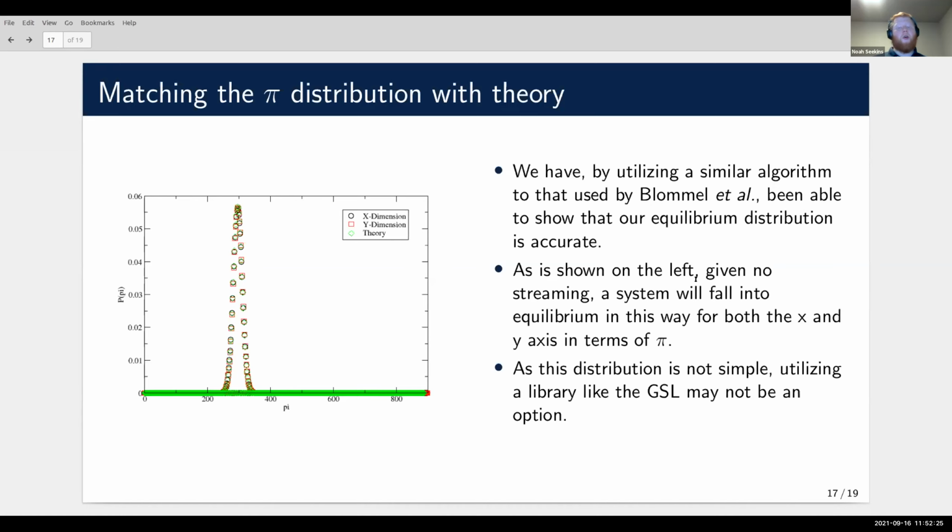And a system will fall into equilibrium in the same way for both x and y. So since this isn't simple, we don't quite know what we're going to do for sampling, as a library like the GSL may not exist, but we're still looking into implementing.